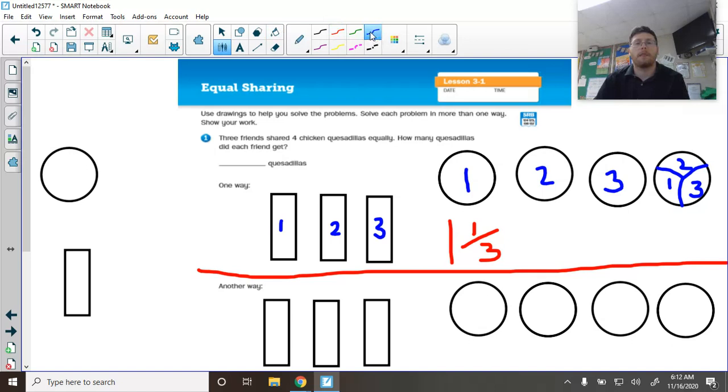With this problem right here, I made each one of these quesadillas 1 whole. But what I have to do right now is I need to label these and take my circles and break them into 3 equal pieces.